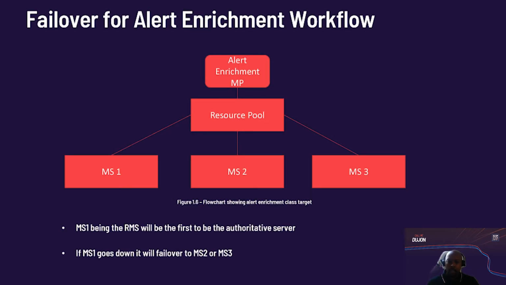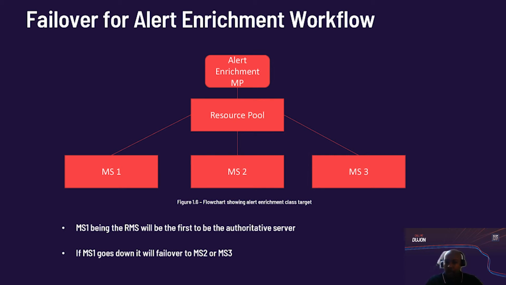If we go to the next page, this is the failover for the alert enrichment workflow. How do we make sure that the alert enrichment always continues on and always runs no matter what, let's say in a disaster scenario in which a management server goes down?